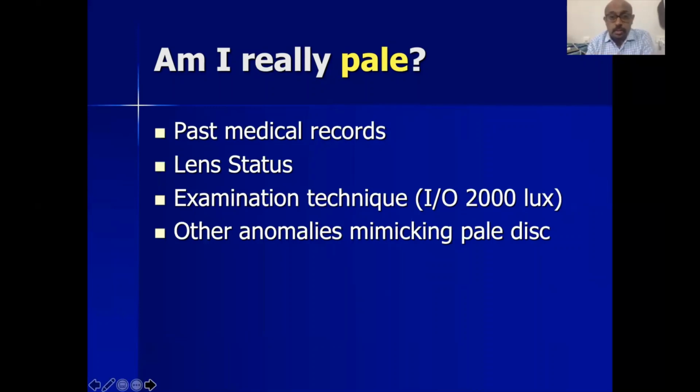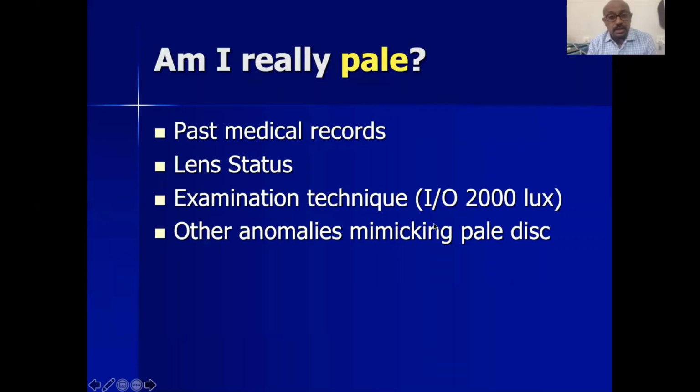The other important factor to look at is lens status. Remember, the presence of nuclear sclerosis might alter the appearance and the color of the disc, the way you perceive it, and the presence of aphakia or pseudophakia would also do the same. So go back and look at the lens status and see whether what you're looking at is an anomaly of refraction or really an anomaly of the optic disc.